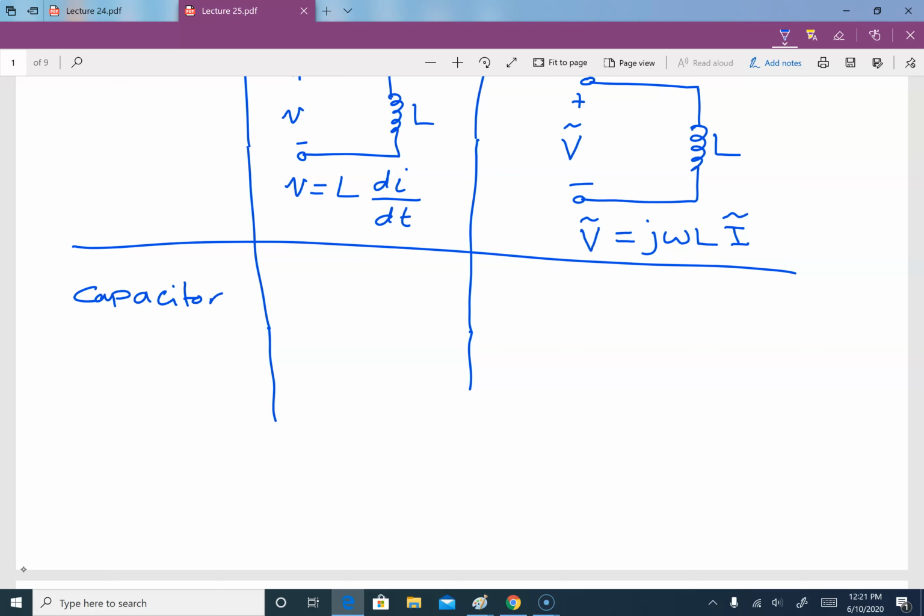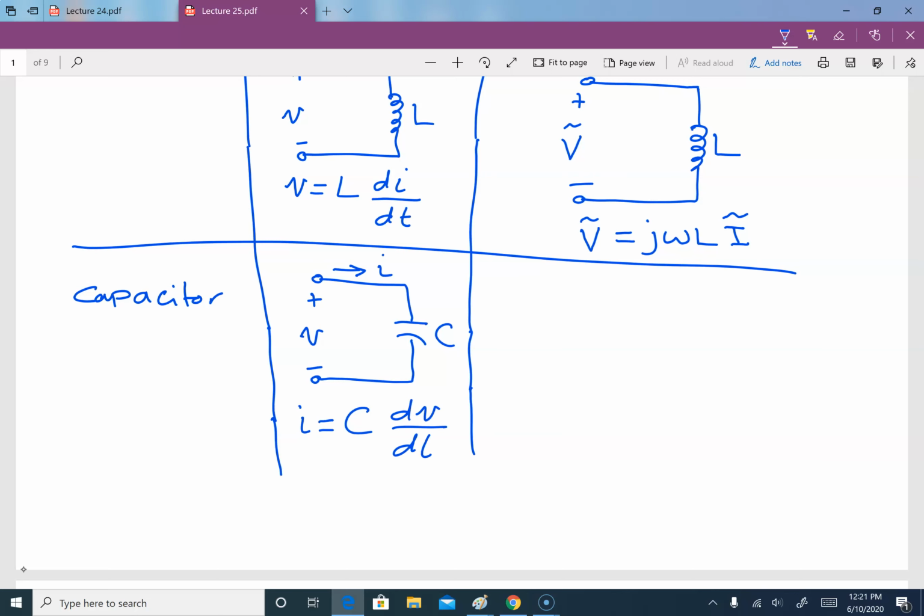For capacitor, in time domain, we express it like this. That is our capacitance C. The current flowing here is I. The voltage across the capacitor is V. Then in this case, we can express our I is equal to the capacitance C times dV over dt.